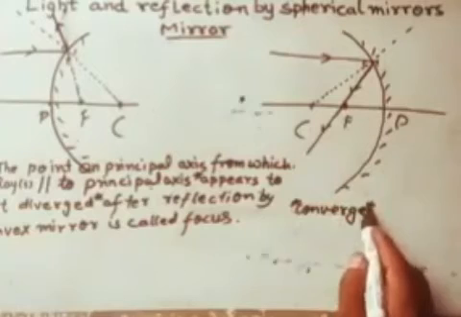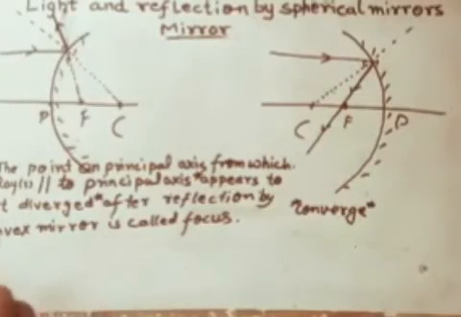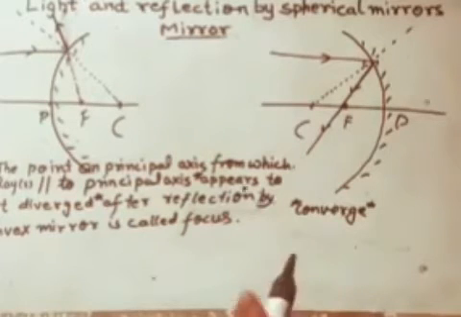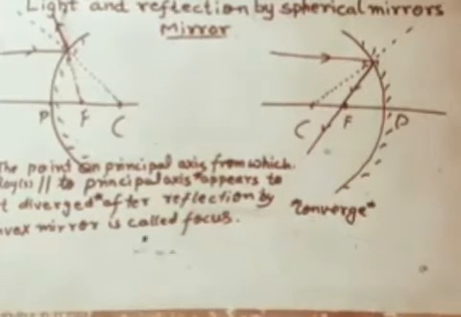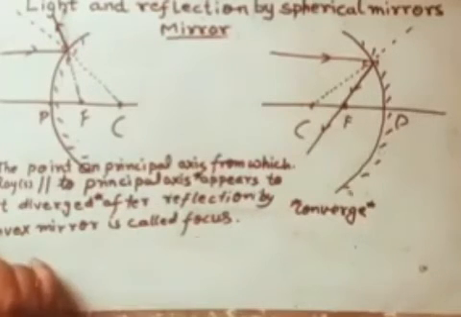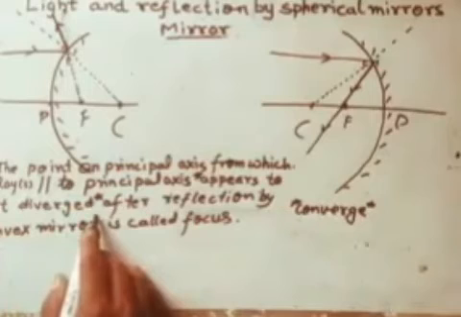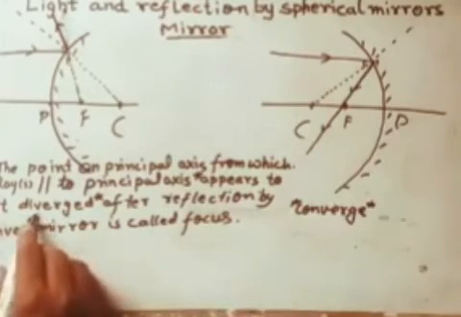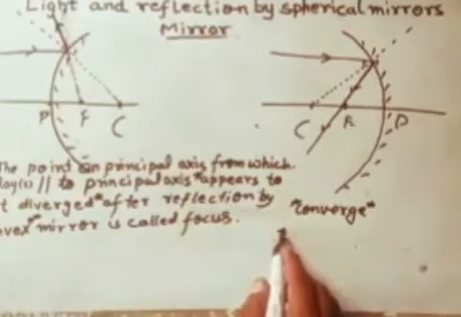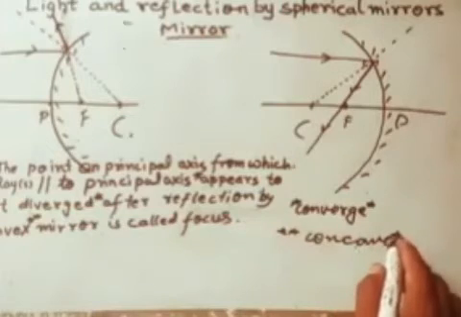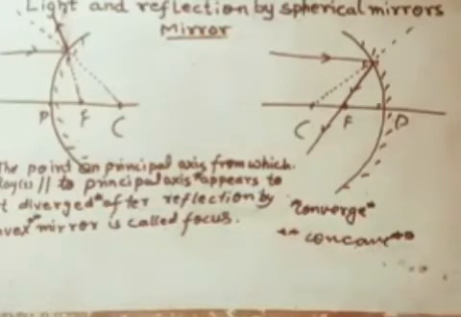So converge or converges depends on whether we use the term ray or rays, which you can resolve yourself. Then convex will be replaced by concave. So this is all about the focus.